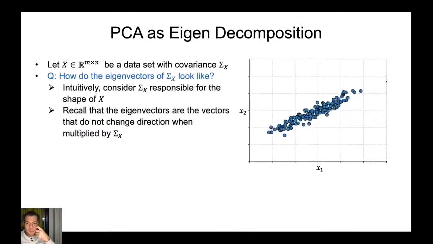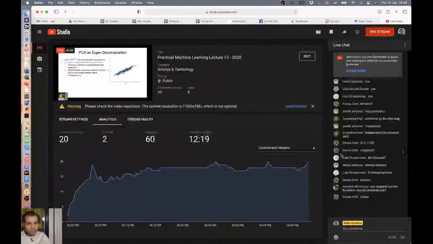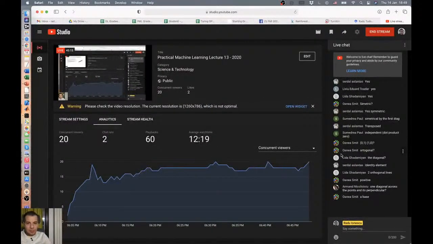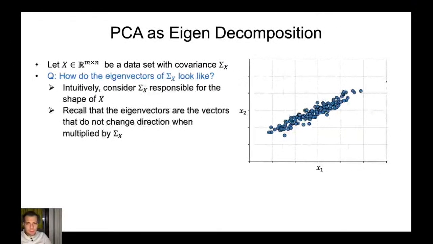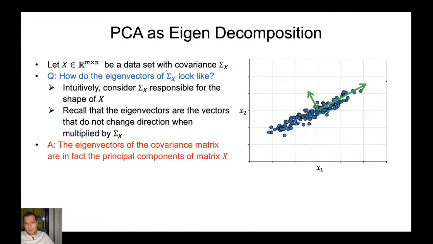Recall we want to apply eigen decomposition as a method for PCA. Okay, I think I'm going to give you the answer. The eigenvectors are in fact the principal components. This is what I was looking for.